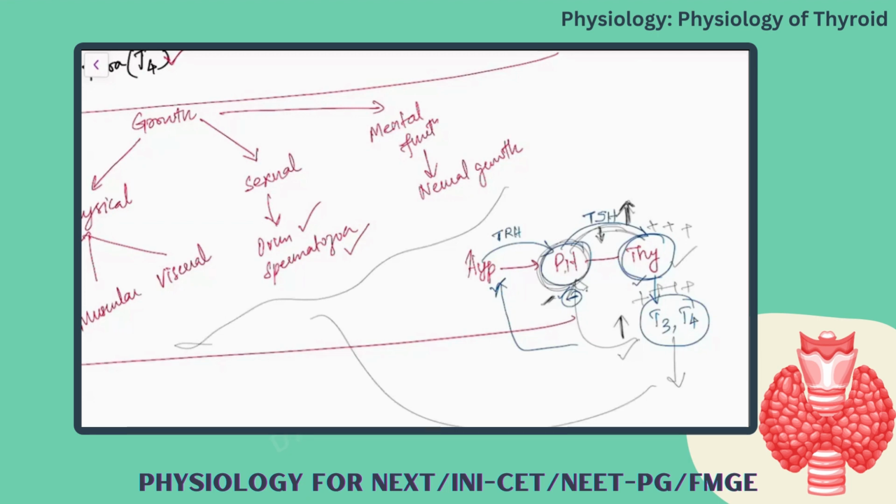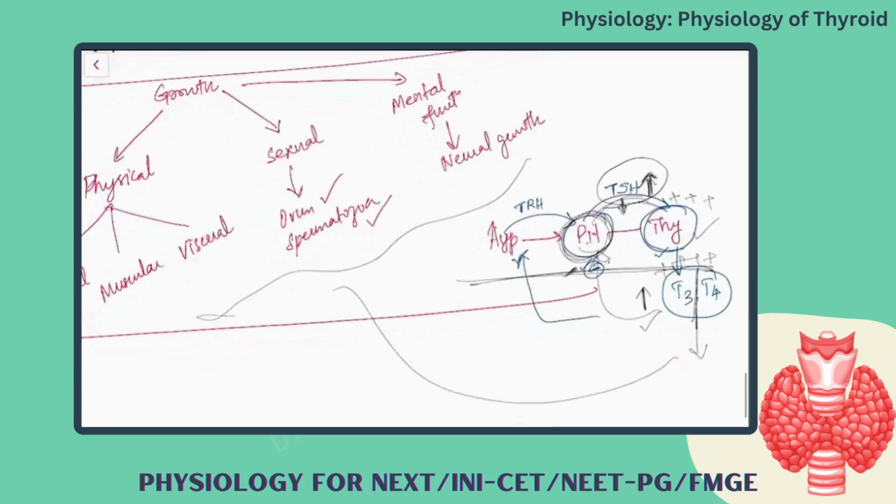It is just doing what it is told by the signal from the higher center. In actuality, if you analyze, there is a tumor of the pituitary gland leading to all these effects. That is why, if a thyroid function test is ordered, they will always look at T3, T4, TSH to find the axis and analyze where the defect in the axis is. Okay, clear? Yes.